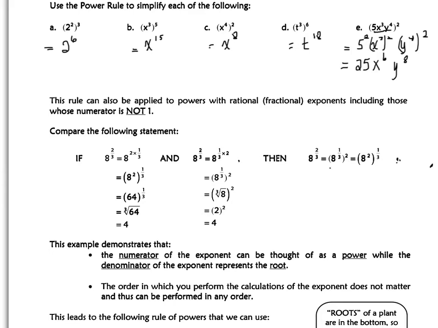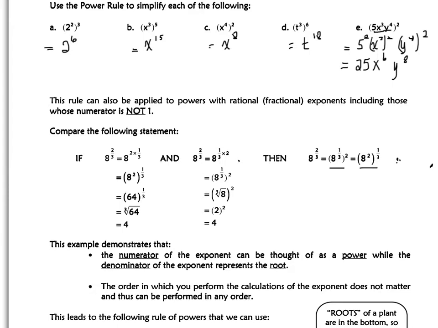So this here is just showing you that you can separate a fractional exponent into the numerator and denominator, separate them as a product. So you could write it as 2 times a third or a third times 2, and then follow order of operations to get your answer.